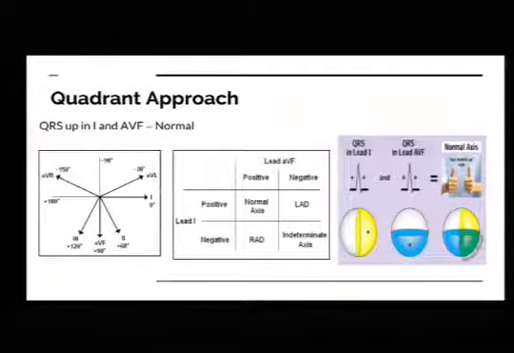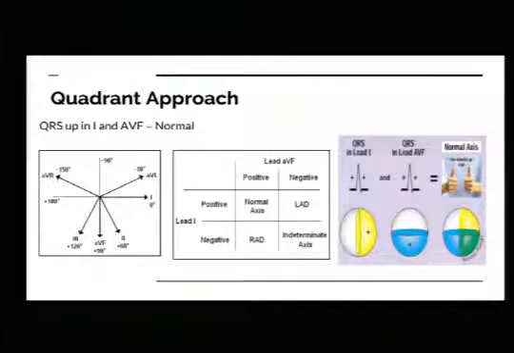One way we learned it is looking at lead 1 and AVF. That two thumbs up sign. If they're both positive in lead 1 and AVF, meaning most of your QRS is above the isoelectric line, then you're on a normal axis. Obviously if you're negative in your AVF, you have left axis, you're up here.